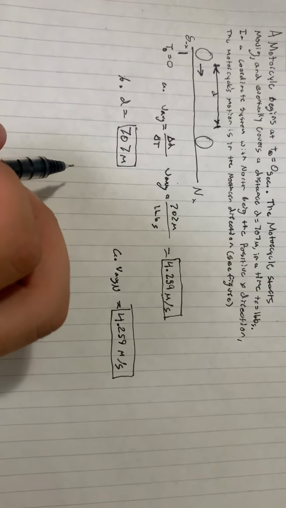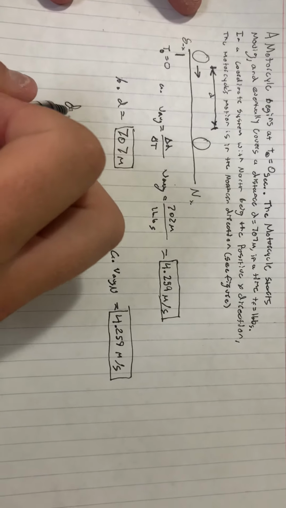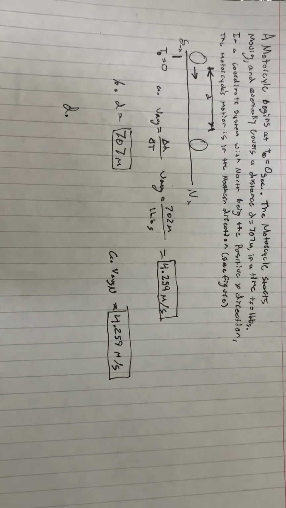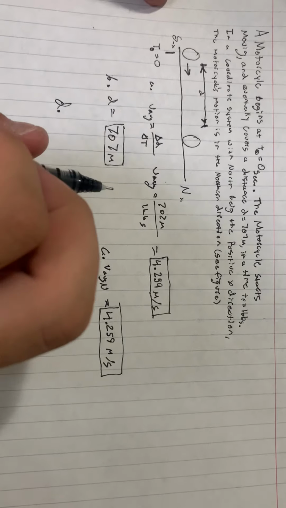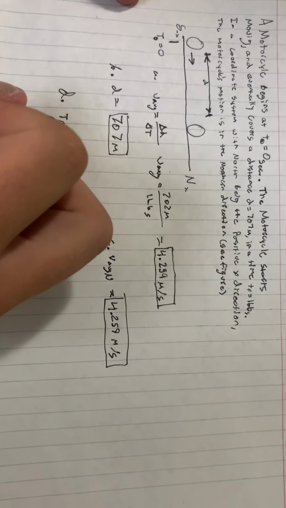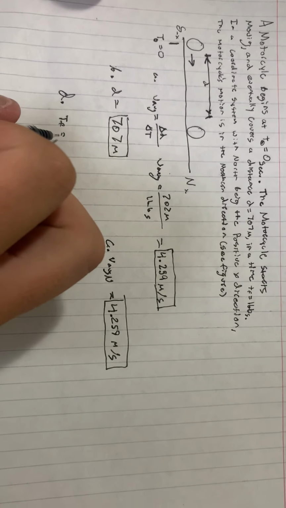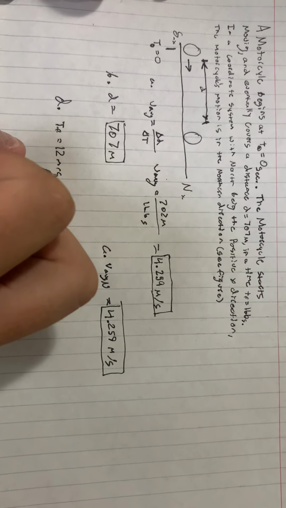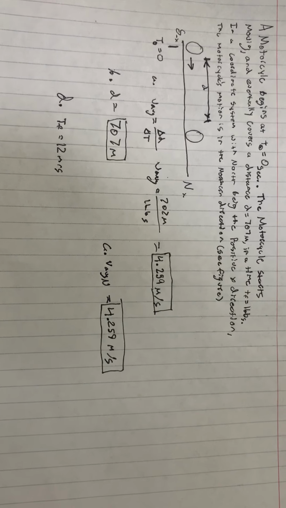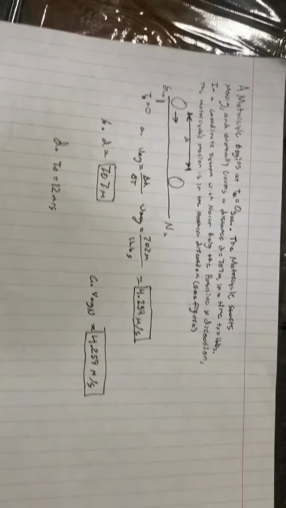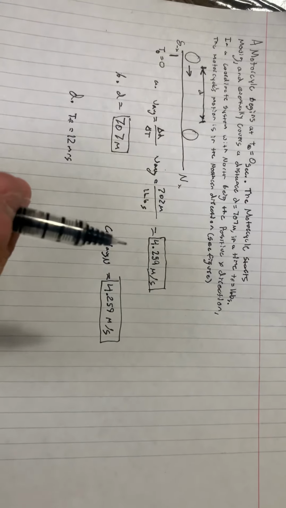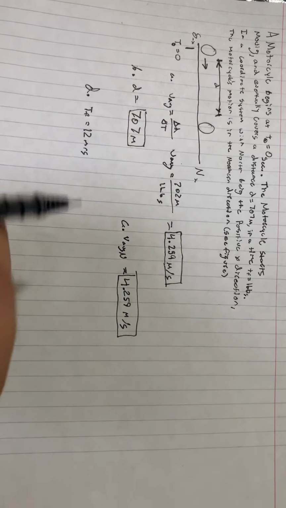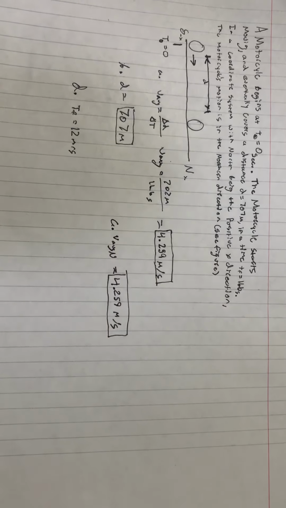And now we're going to go down to D, the final part of the question, which is if the motorcycle's final velocity was 12 meters per second, what was the motorcycle's average acceleration in the northern direction during this period? So it's going to be in the positive direction, and this is going to be in meters per second squared.